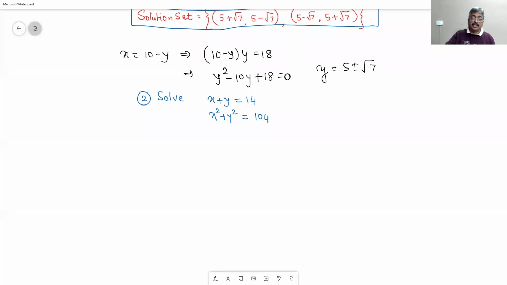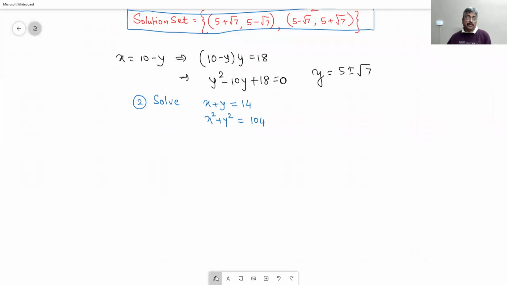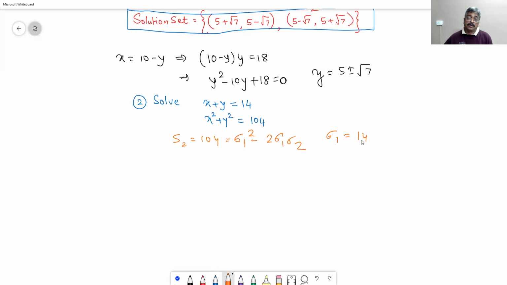Now one additional step. S2 is given, S2 is equal to 104, which is sigma 1 square minus 2 sigma 2. And sigma 1 is equal to 14.